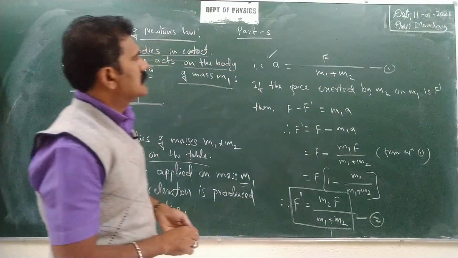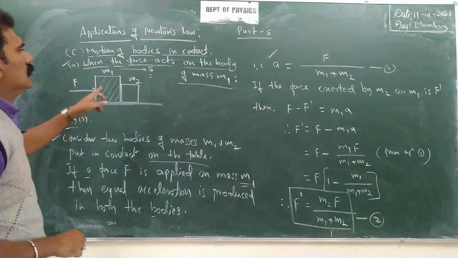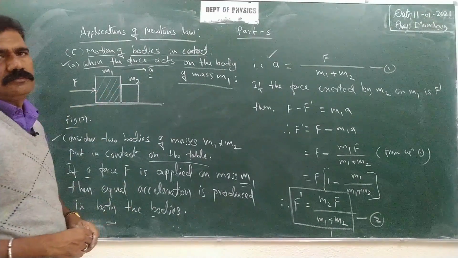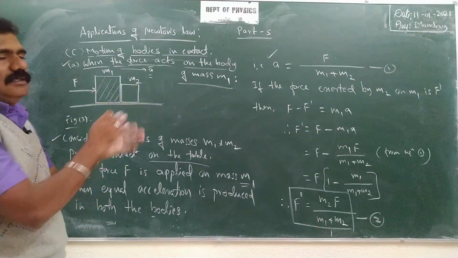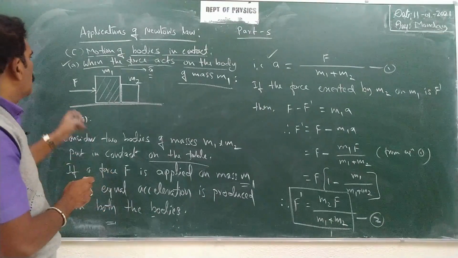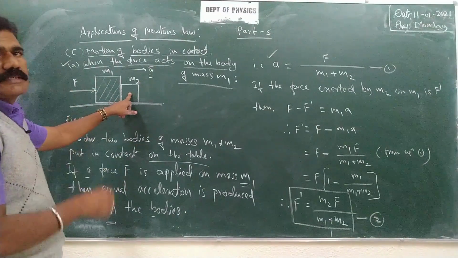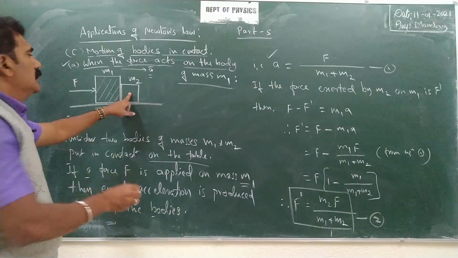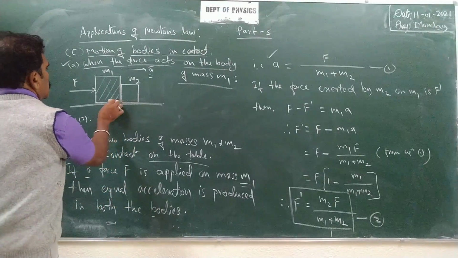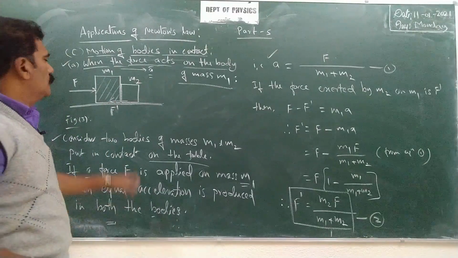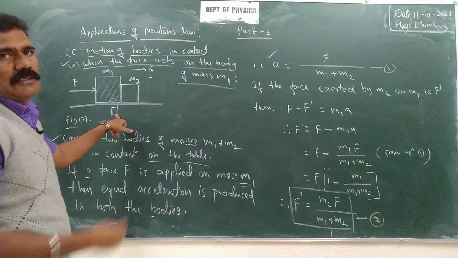Now you have to think about what the role of M2 is. When both are moving in the forward direction, M2 also exerts some force, but in the opposite direction, isn't it? It opposes the motion with a force, let us say F dash, in the opposite direction.